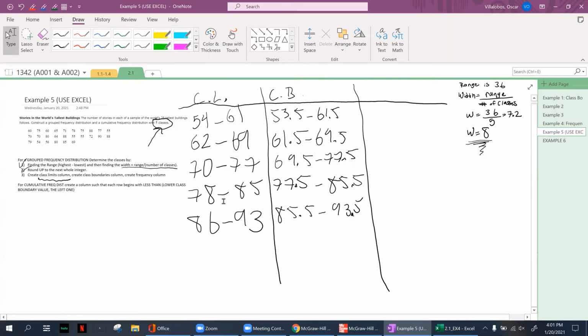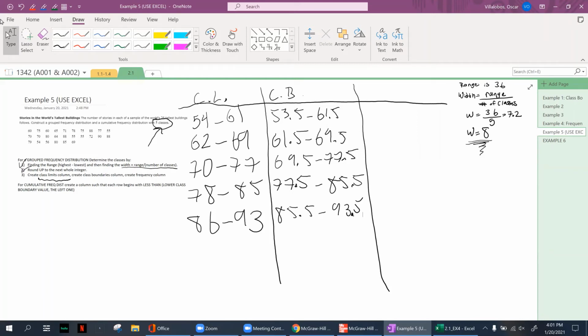All right. And now we're going to find out how many of these values here are between 54 through 61, or in other words, between 53.5 and 61.5, in case we end up getting really specific values.